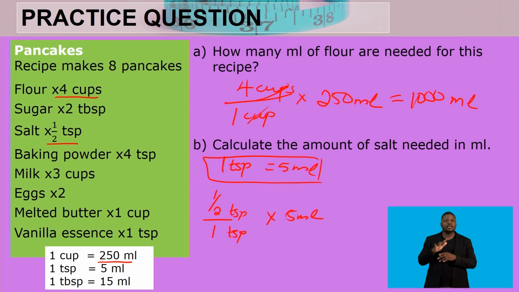The reason why we are including this step of division is so that you know where the units went. So teaspoon divided by teaspoon is 1. Then what is half divided by 1? Half divided by 1 is still half. So you say 1 over 2 if you want to confirm it on your calculator. 1 over 2 divided by 1 gives you 0.5, which is 1 over 2. Then you multiply it by 5, which gives you 2.5. It's actually half of this 5 milliliters. So it's 2.5 milliliters of salt that will be needed.